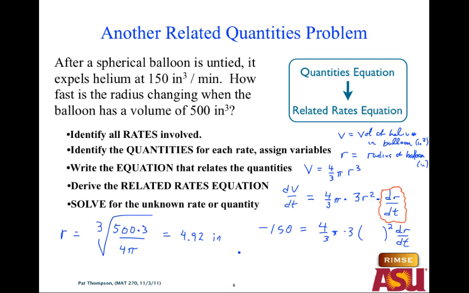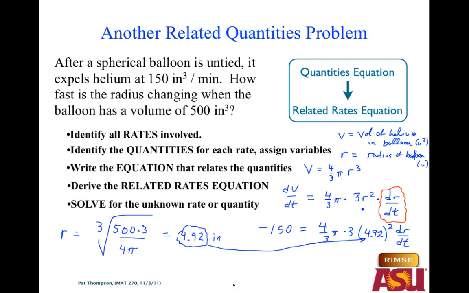Okay, and so now we've got that 4.92. Is that negative? It's just a radius, right? It's not a rate, so it's just a radius, which would always be positive. And this expression is exact. If you want to put this exact expression in there, that's fine, and maybe that's even better.